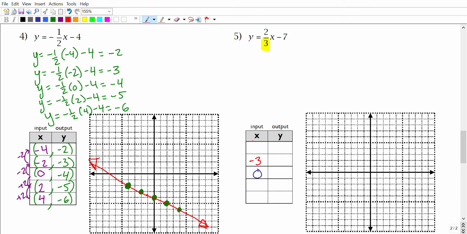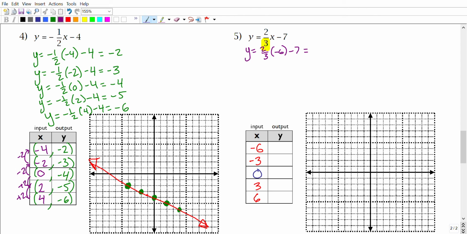So let's go ahead and do negative 3, negative 6, 3, and 6. Because this value is a little larger, it'll be a little more clear why we do that, and we aren't actually going up or down by 1. So let's go ahead and substitute them. So I get y equals 2/3 times negative 6.